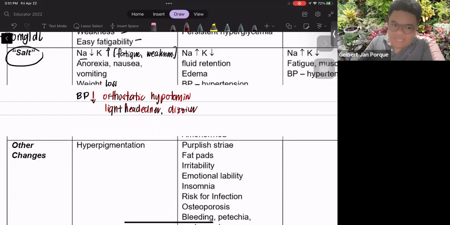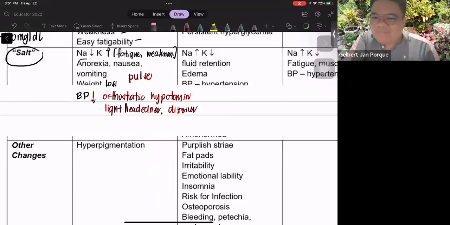Pulse. Class, for the pulse, ano ga katabo? Dehydrated pasyente natin. Ano pwede matabo sa pulse natin? Diminished siya, but it's weak. But what's its rate?